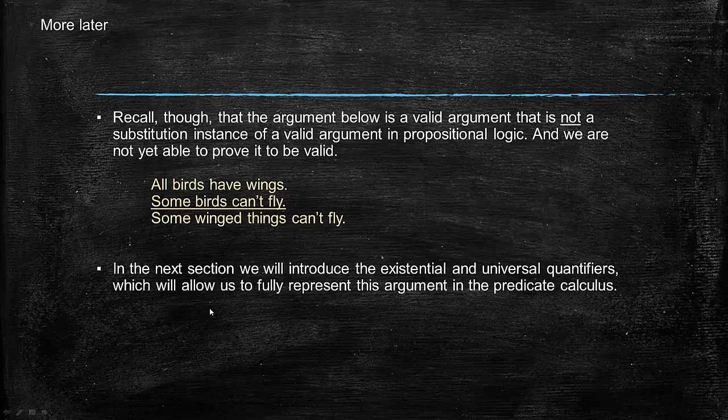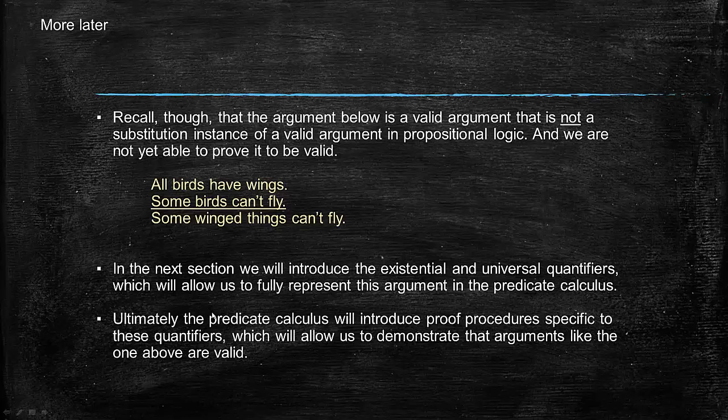So in the next section, we'll introduce the existential and universal quantifiers, and that's not the calculus yet. That's just more of the predicate logic, but ultimately these will be integrated into the predicate calculus with new proof procedures, only a few actually, as it turns out, and we'll finally be able to prove arguments like this one.